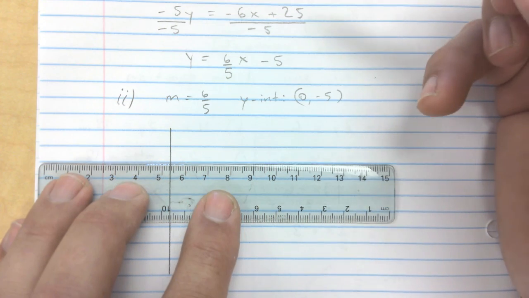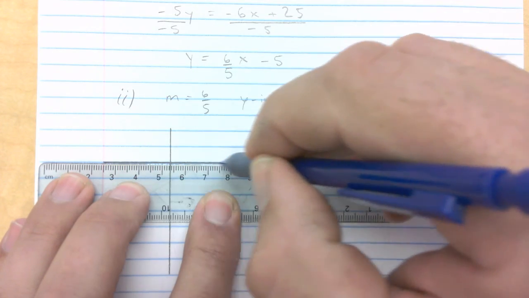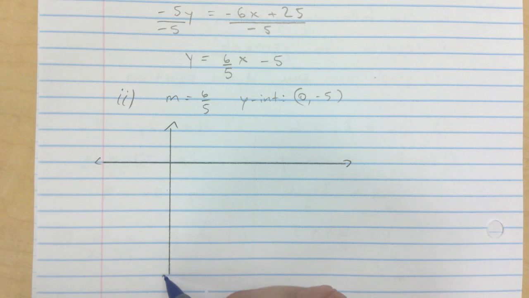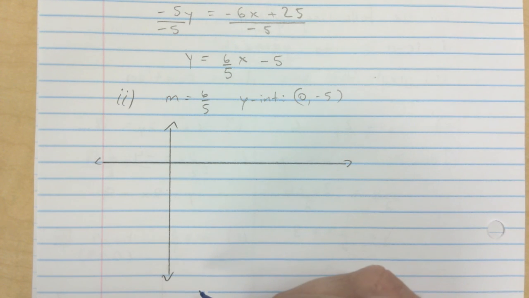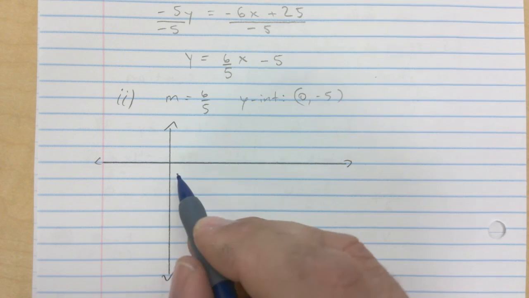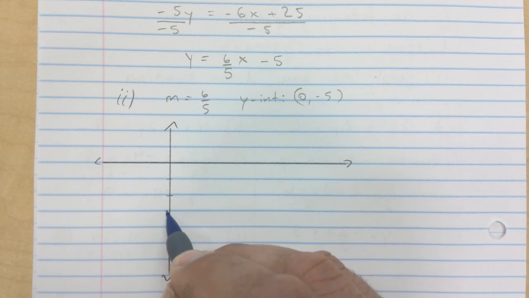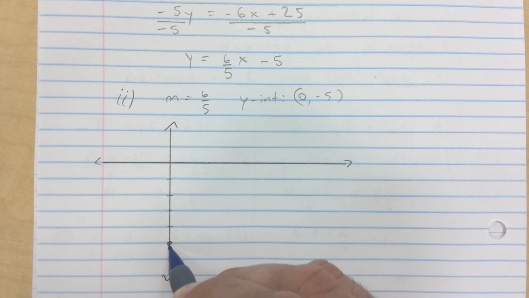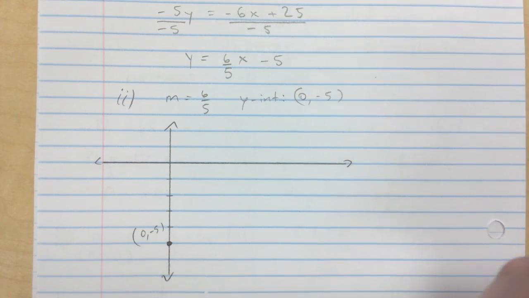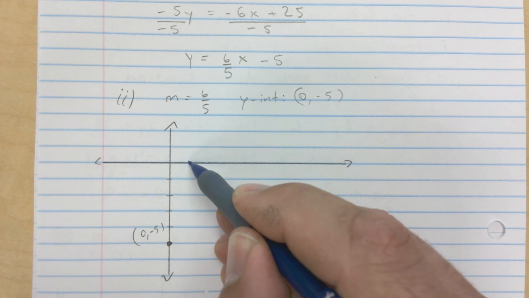Okay. All right. So I'm going to do this like that. I can keep it to a scale of 1 because I'm using so much space, right? So 1, 2, 3, 4, 5, right about here. That's (0, negative 5). And I'm going to use a scale of 1 here as well.